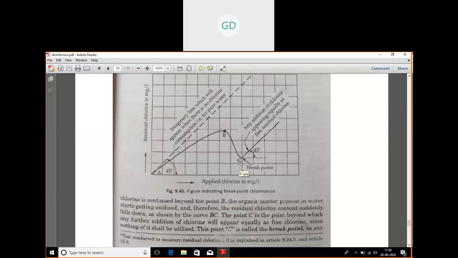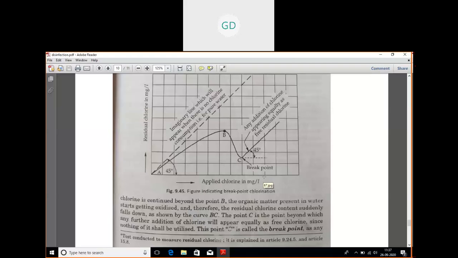Then again the point C is the point beyond which, if you continue to add chlorine, it will appear as free chlorine, and nothing of the chlorine will be utilized because the organic matter has already been oxidized. From this point C the chlorine content again appears as free chlorine and goes on increasing. So this point C is known as your breakpoint, and this is known as breakpoint chlorination.